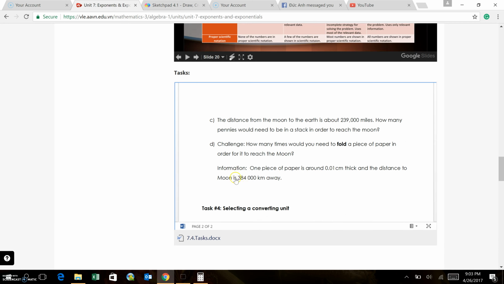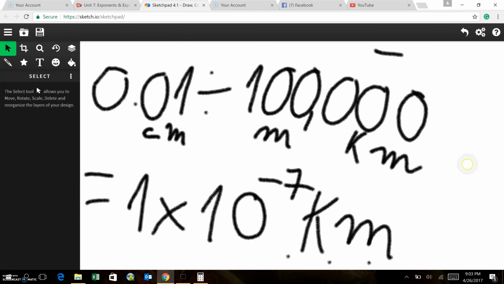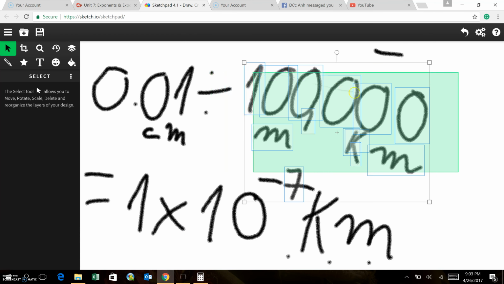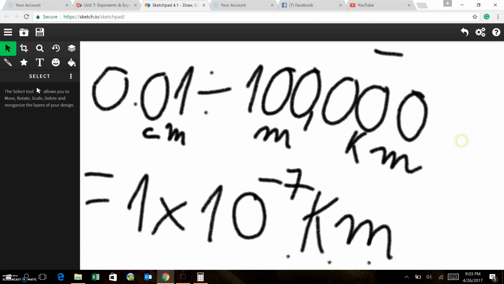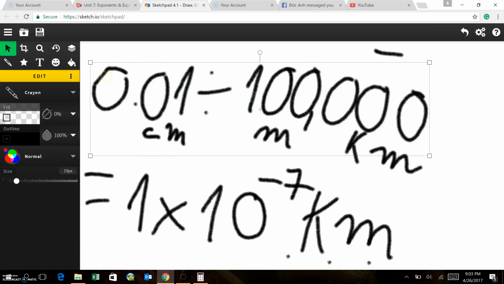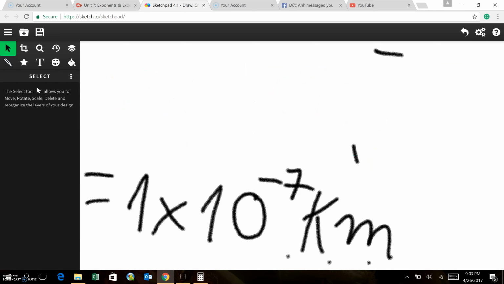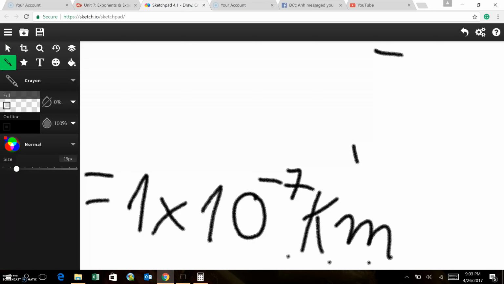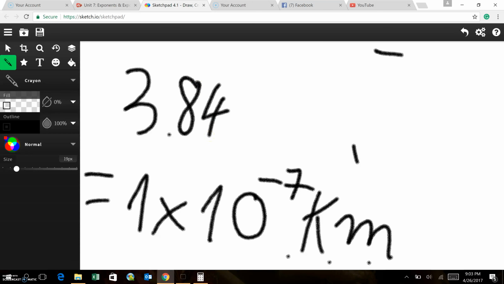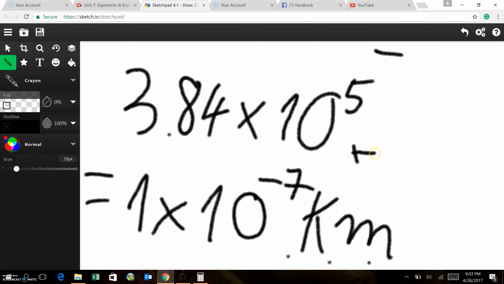So now I'm just gonna take the distance and divide by the thickness of the piece of paper. I'm gonna write it in scientific notation, which is 3.84 times 10 to the 5.